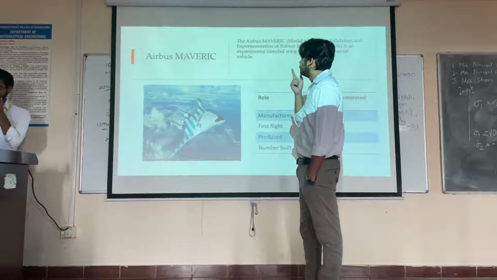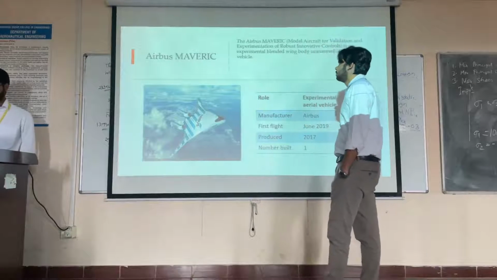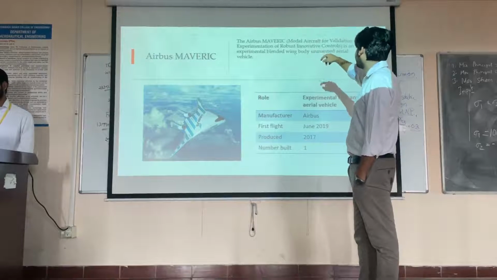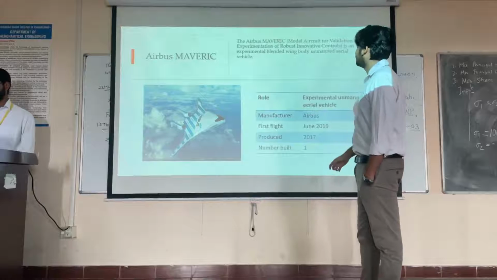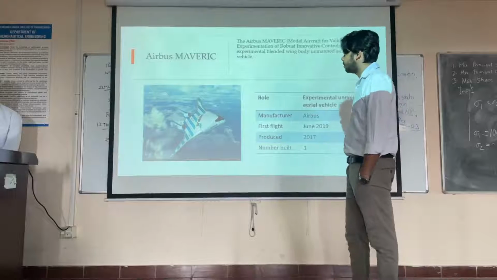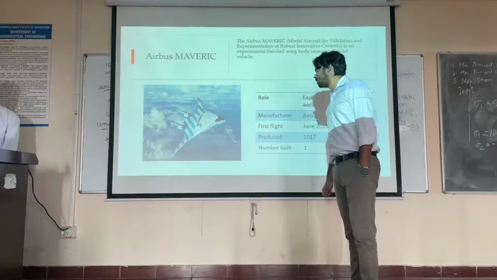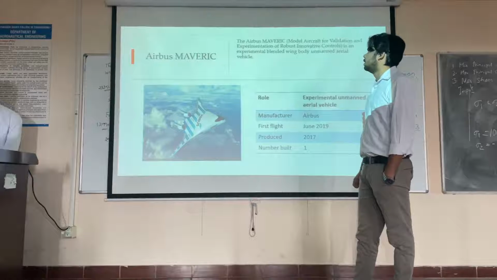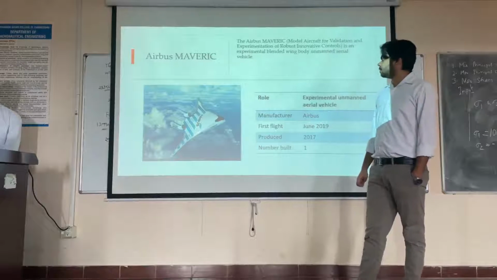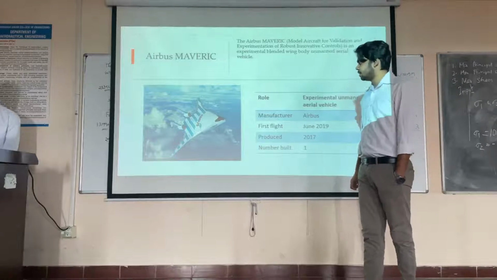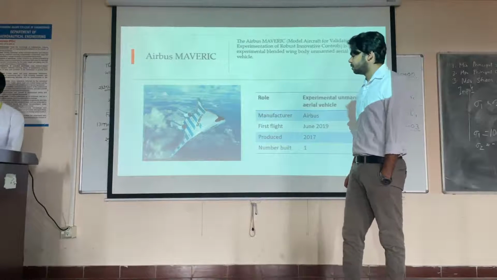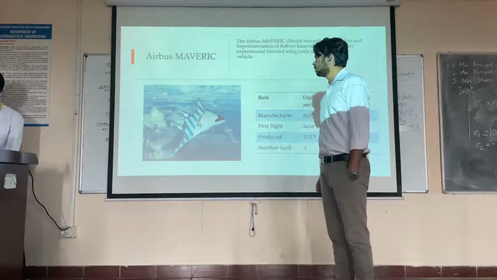Now this is the Airbus Maverick. Its full form is Model Aircraft for Validation and Experimentation of Robust Innovative Control. It is also an experimental UAV made by Airbus in 2017, but they kept it secret until 2020, when they revealed it at the Singapore Air Show.